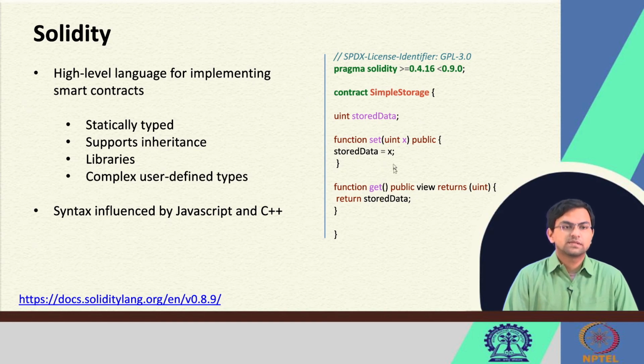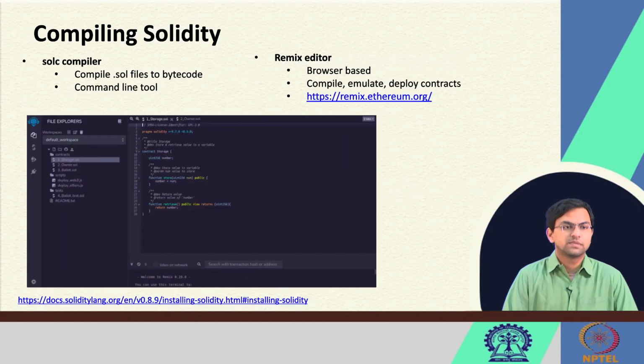Whenever we want to execute a contract, we need to specify which function we need to execute. We will see in more detail what this code means, and we will also try to run this contract and see the output. But before that we will learn more about the different compilers which are available, fine.